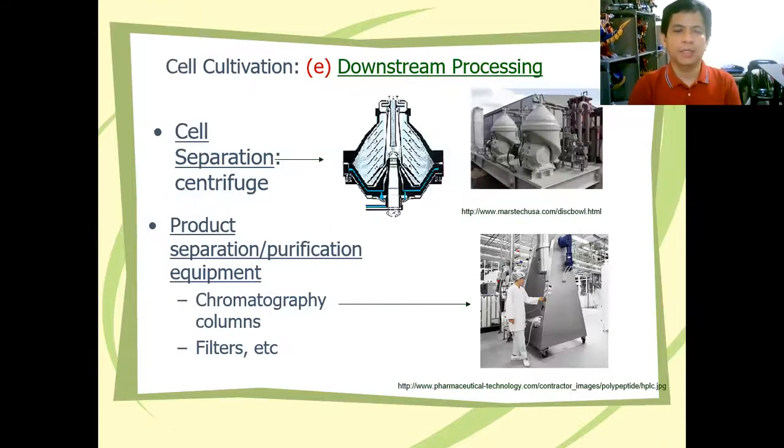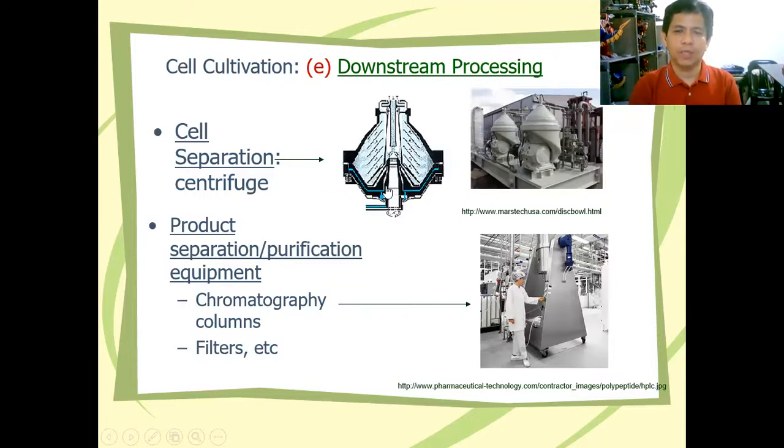And then finally, the last step is the downstream processing. So basically, downstream processing refers to the purification of the product. So, halimbawa, we can use centrifuges, no? Discuss natin to sa di ba? Kung sa akin kayo nag-momentum transfer. So, pag imagine niyo pag sinentrifuge niyo yung broth, mabigat yung cells.